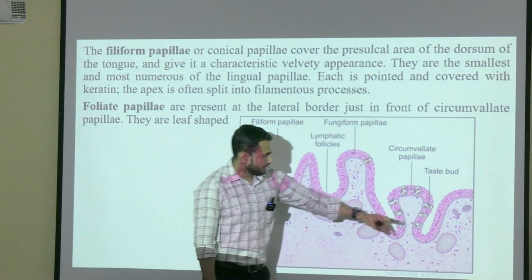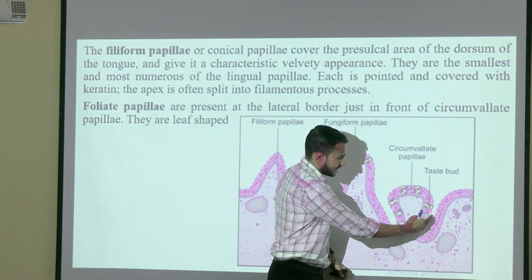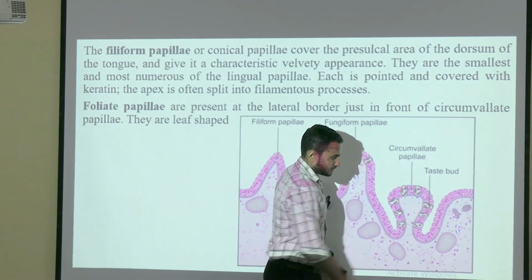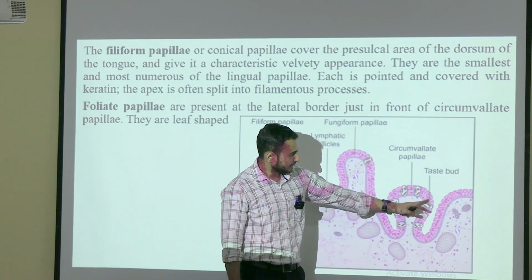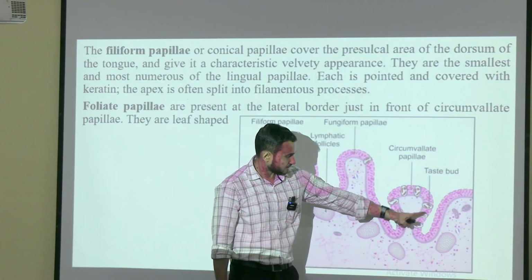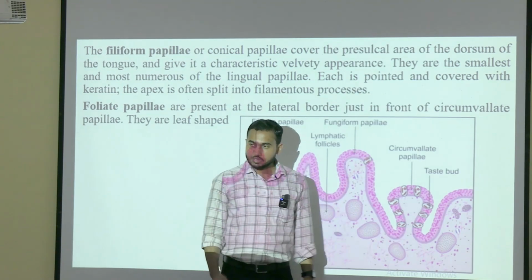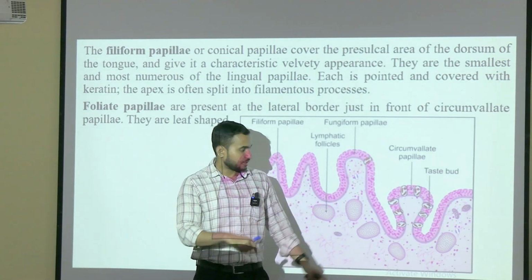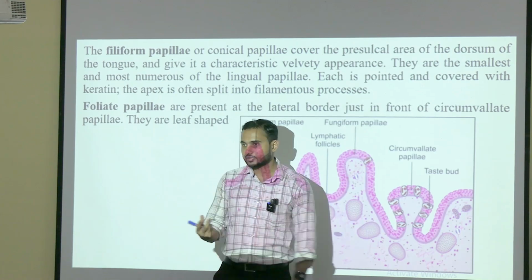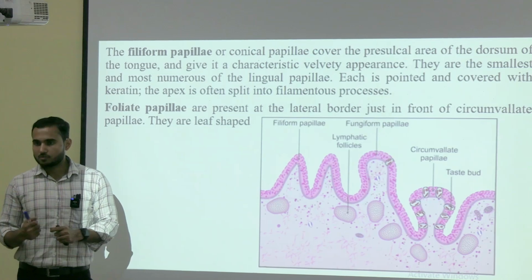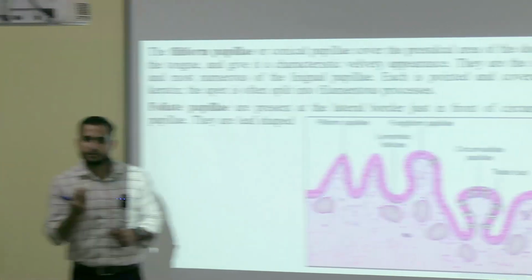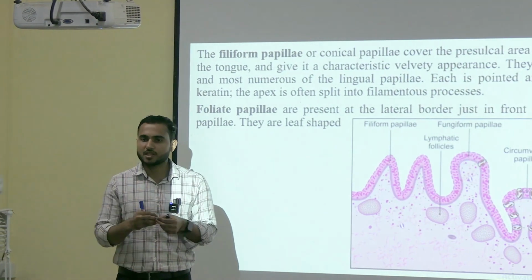Now in the sulcus, near the wall of the circumvallate papilla, the taste buds are present. See, these taste buds are present. Last time I mentioned that near the circumvallate papillae, which type of glands are more? Serous glands are more. Whenever we are chewing food, it mixes with saliva.